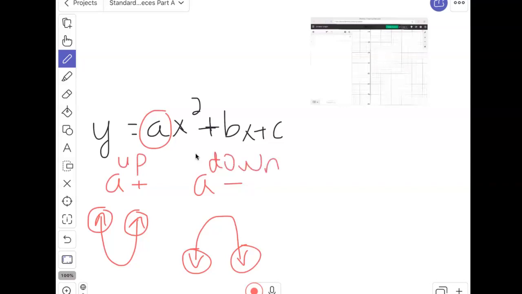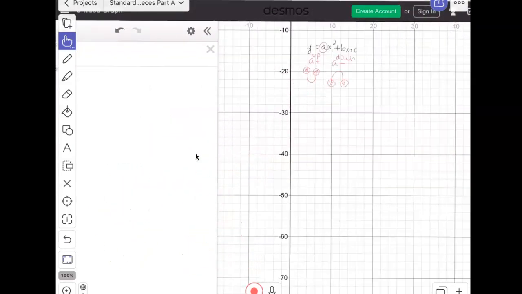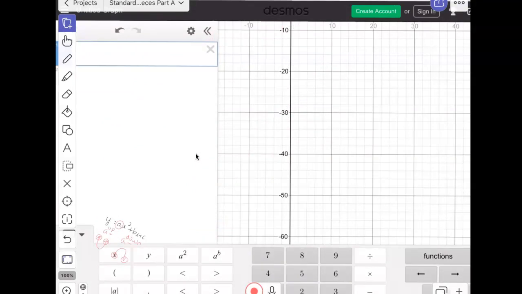Now, to give you an example of it, we'll take a look at this Desmos calculator briefly. I'm going to just type in a quadratic in here.